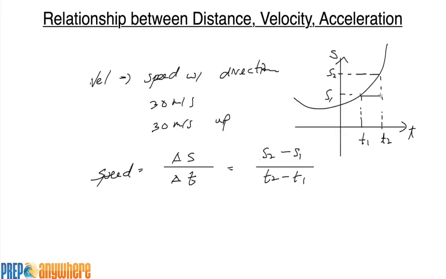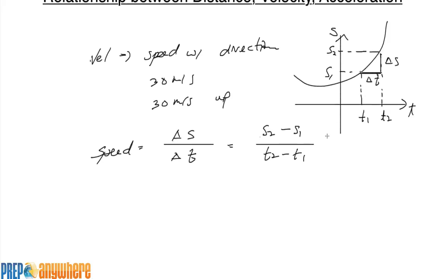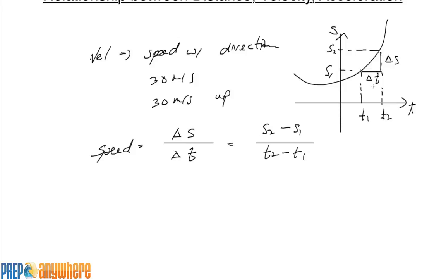So the slope here, right, this right here will be delta S, this is delta T. But this is what we've been talking about when it comes to derivatives, right? So this is a secant, essentially a slope of secant between these 2 points. But what happens if you take the second T2 closer to T1?